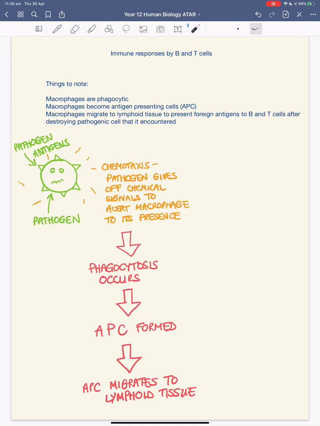So to start off with, we're just going to talk about how the immune response is initially recognised, and that is by macrophages. Macrophages, remembering, are a type of white blood cell that carry out phagocytosis. They will spot a foreign antigen by the foreign pathogen with the antigens on it giving off chemical signals.